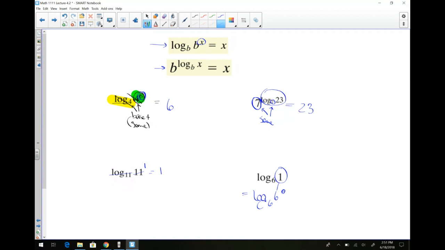Because anytime you have the number 1, you can write 1 as any base as long as you have the exponent of 0. Remember, x to the 0 is simply 1, no matter what number you put in for that x. Since both of these bases are now the same, I can say that it equals 0.